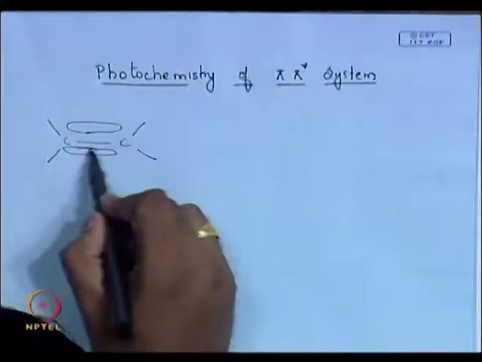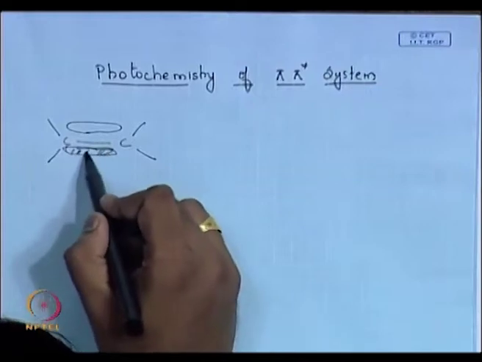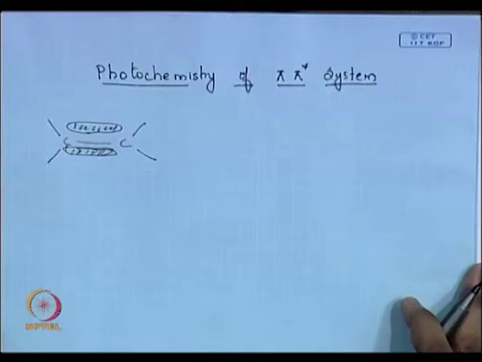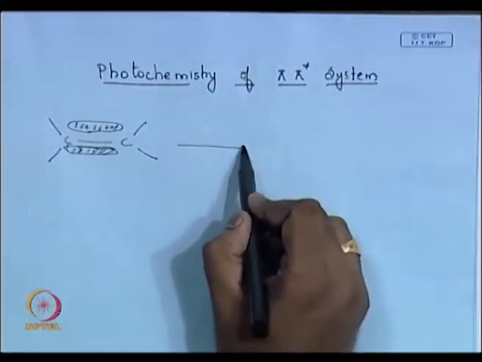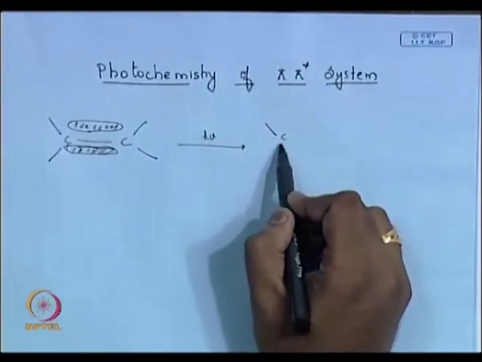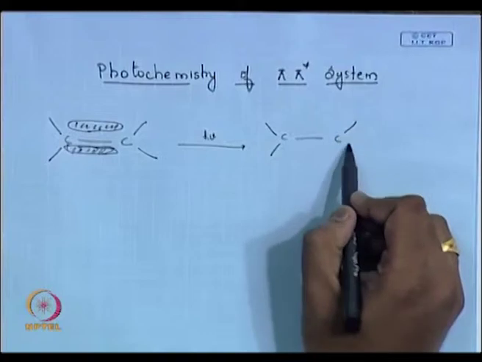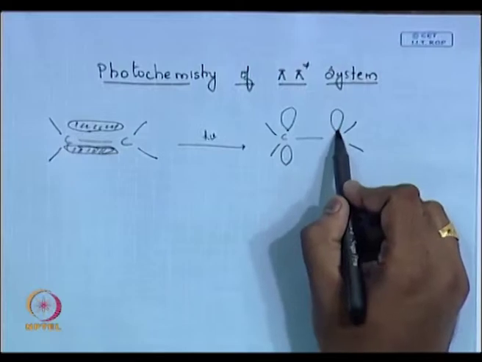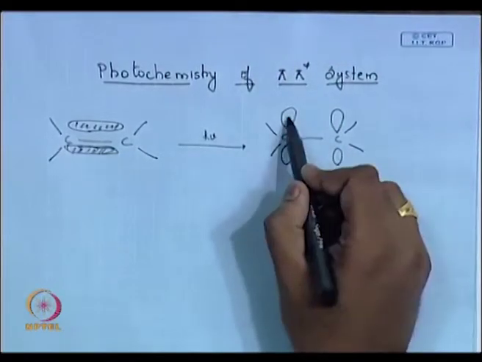See, if you have an alkene, and you photolyze this, what happens is that you get a type of good pi star excitation.